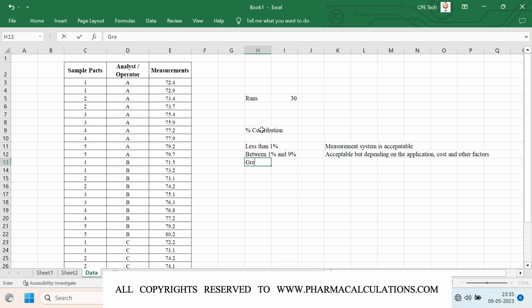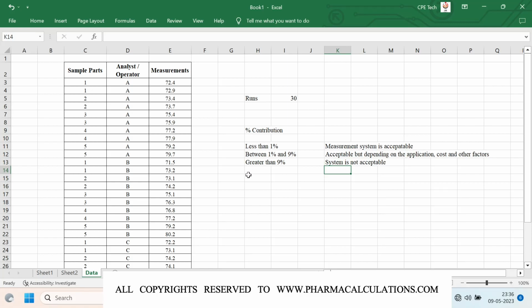If it is greater than 9%, like the contribution, in this case the system is not acceptable. So this is about the percentage contribution.